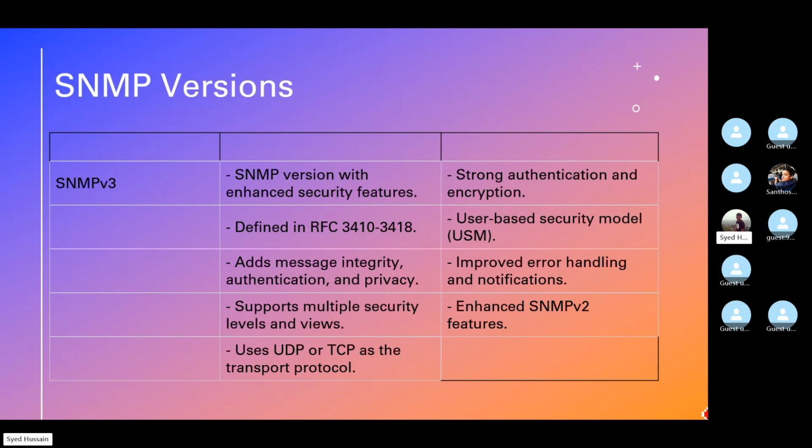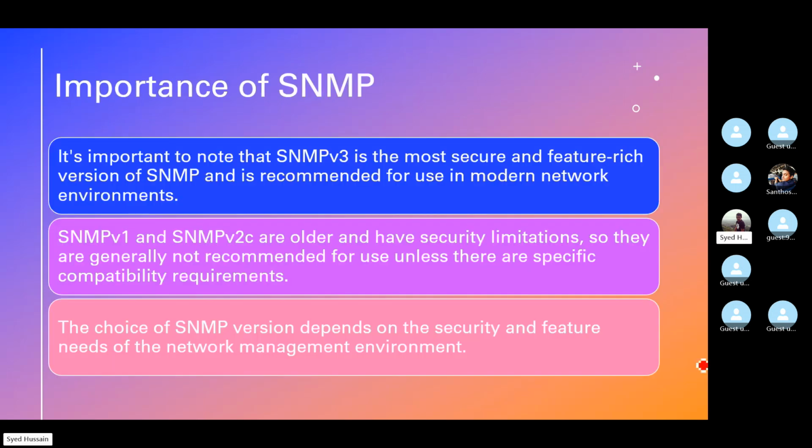You got it? Then, the importance of SNMP. It is important to note that SNMP version 3 is a more secure and feature-rich version of SNMP, and it is recommended for use in modern network environments. First of all, SNMP version 1 and version 2 are older and have security limitations. That's why we go for version 3.